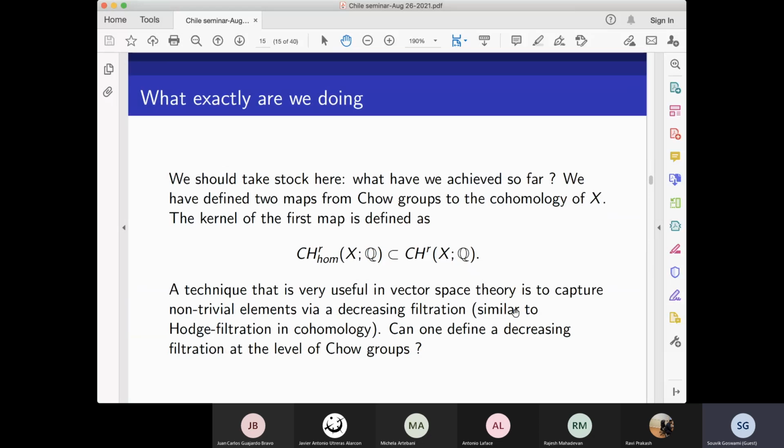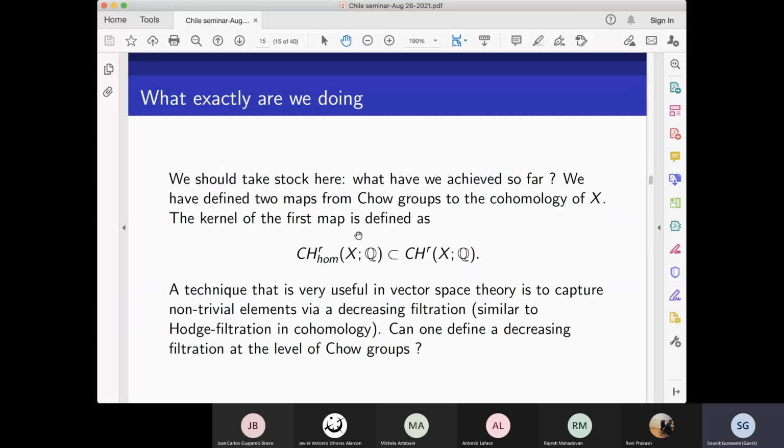Checkpoint. What exactly are we doing for the moment? We have the Chow group of X, and we have the kernel of this map, which we call the Chow group of cycles homologous to 0. As I said before, a very useful technique in vector space theory is to capture non-trivial elements via a decreasing filtration.